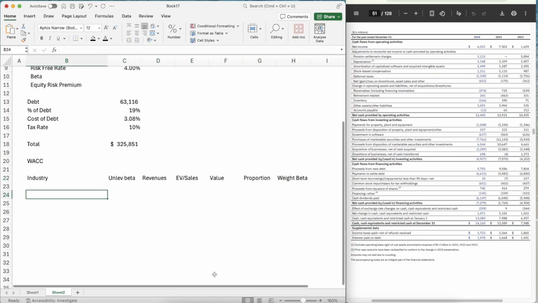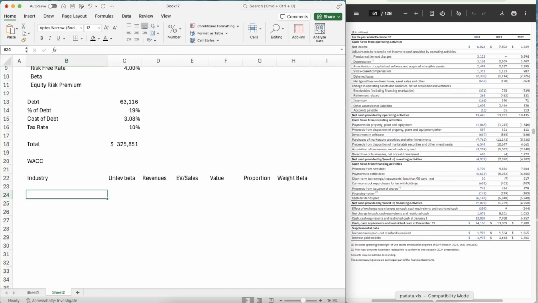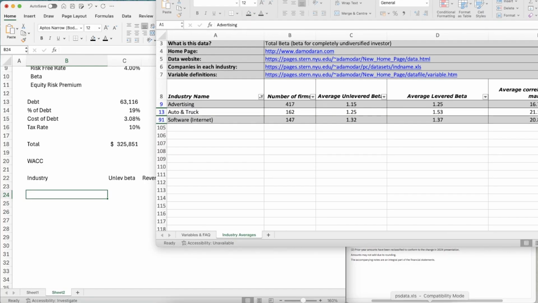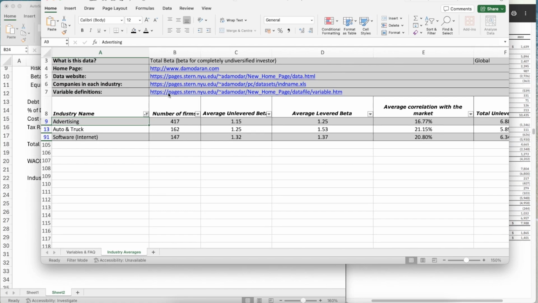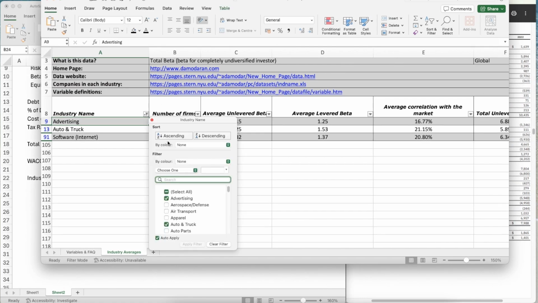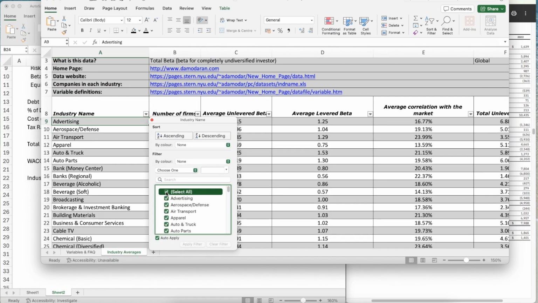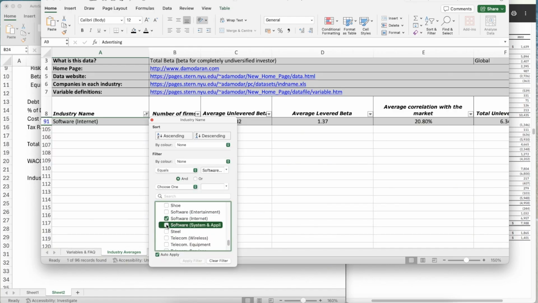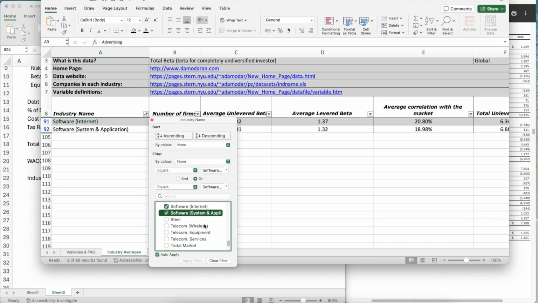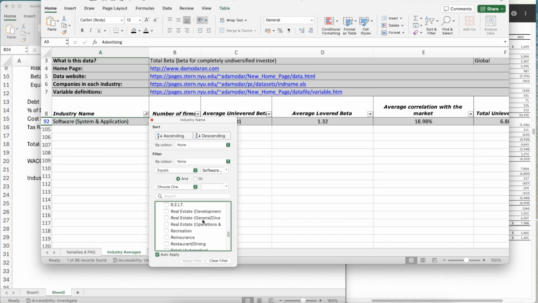Okay, so let's pull up our spreadsheet. We need to decide which industries IBM operates in. So the first one is quite easy. It will be software. Let's go software internet and software system and applications. Actually, it's probably more here. Then the next one, is there a technology?